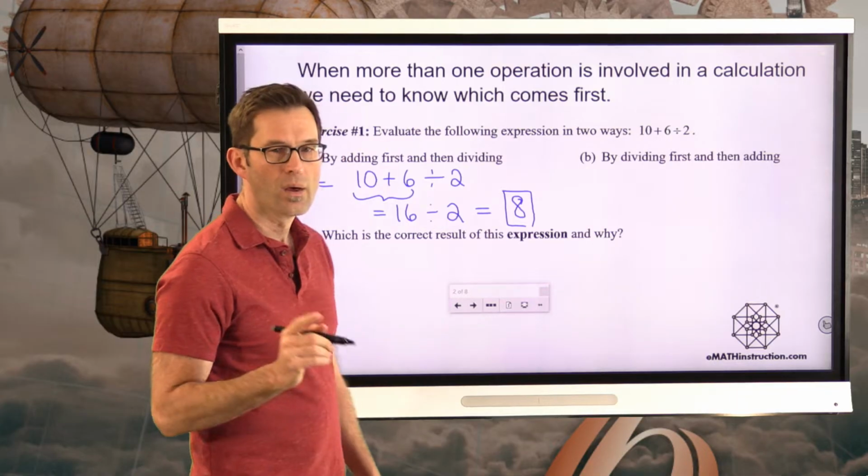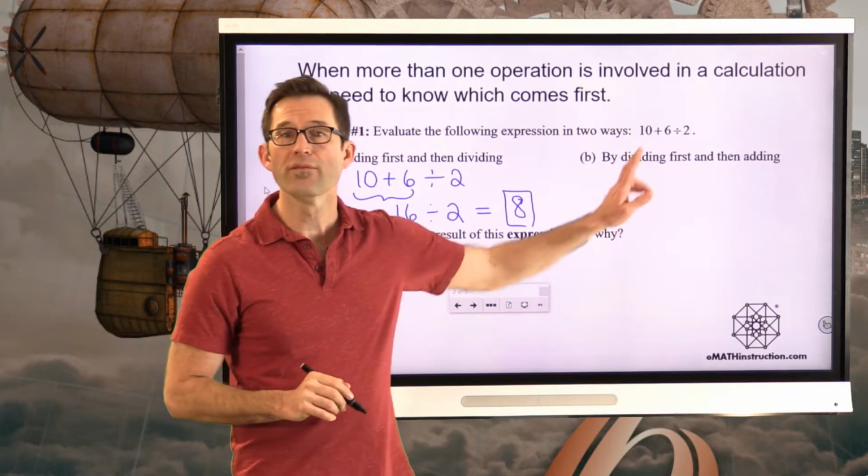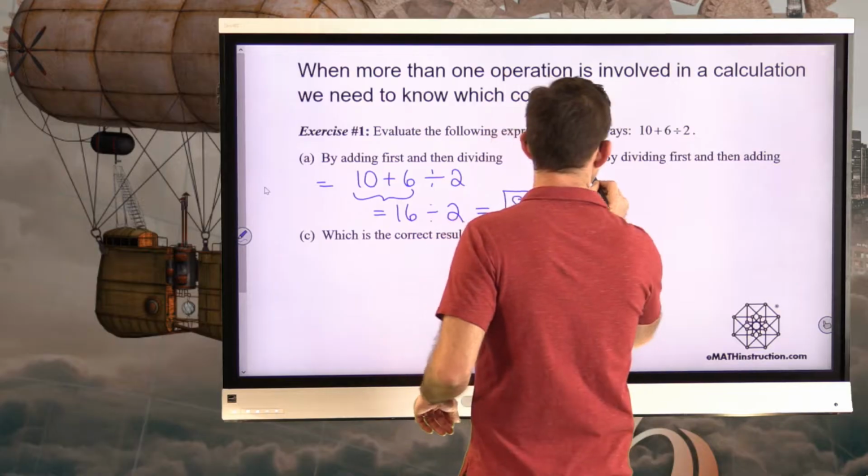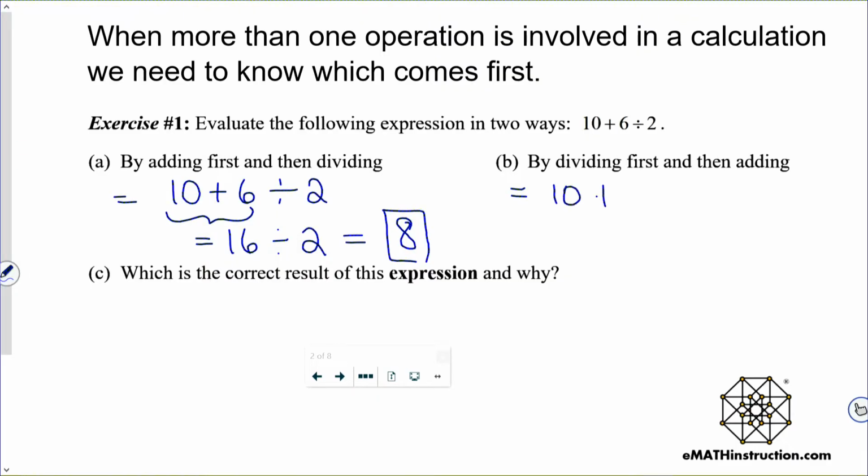On the other hand, what if I divide first? So again, the expression, 10 plus 6 divided by 2. Let's say I decided to do this operation first. 6 divided by 2 is 3. Then I did 10 plus 3, and I'd get 13.